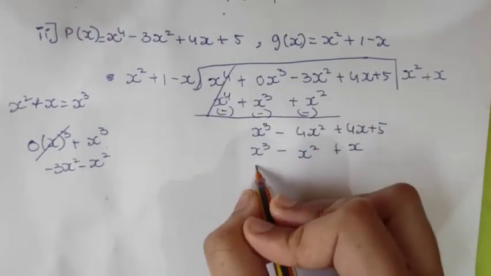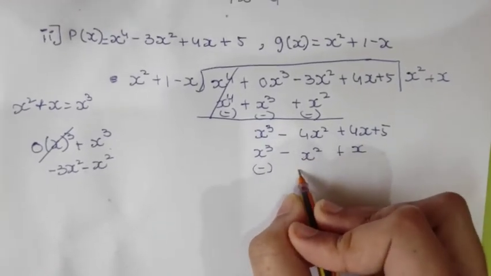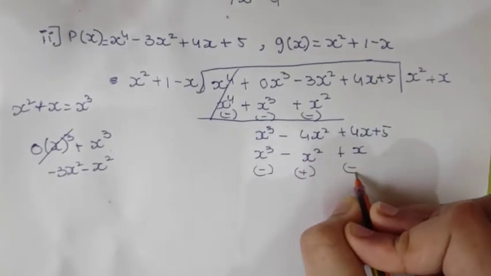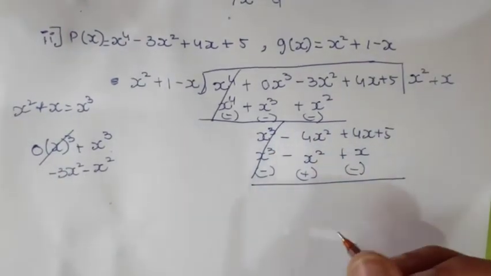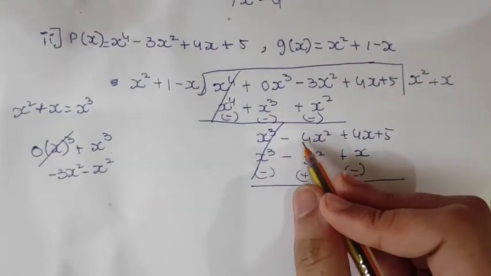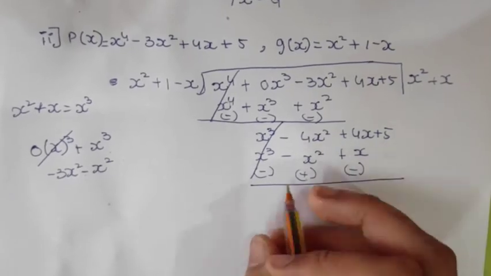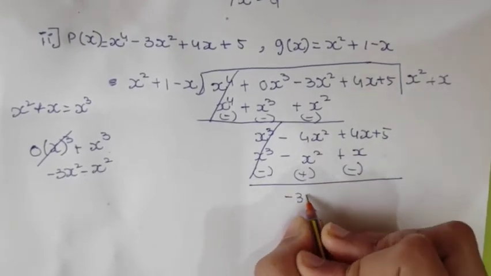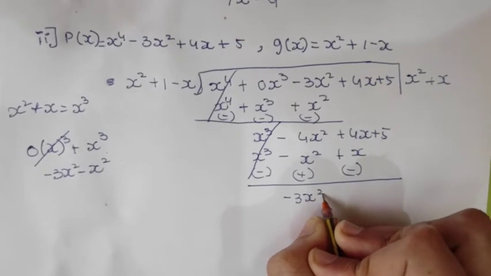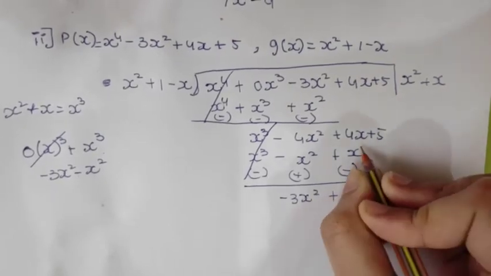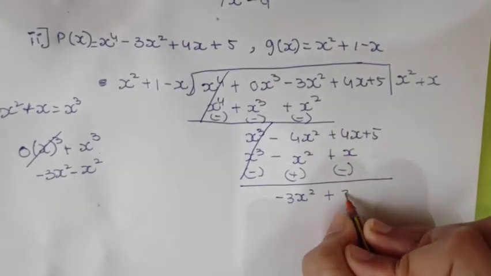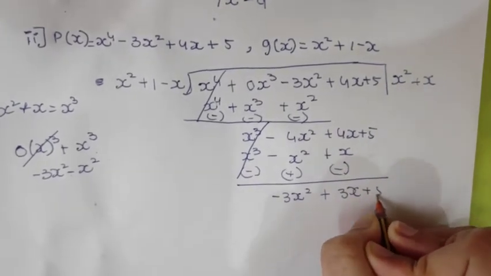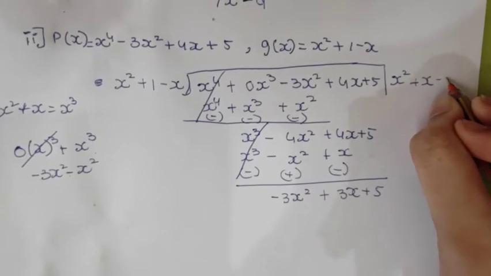So here plus we have, that becomes minus, here minus, that becomes plus, and again here minus. So this plus minus will cancel, and here we have to subtract this, that becomes minus 3x square minus x square, minus 4x square plus x square is minus 3x square, plus 3x plus 5. So now here minus 3.